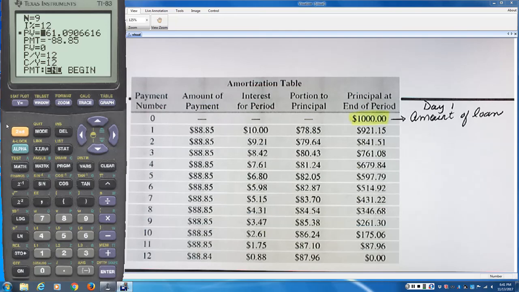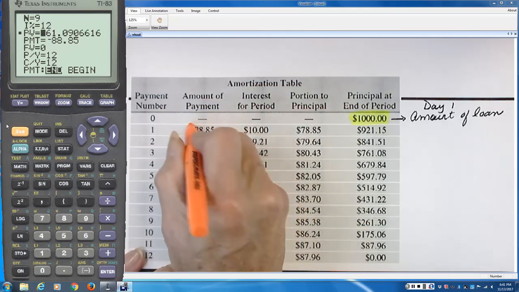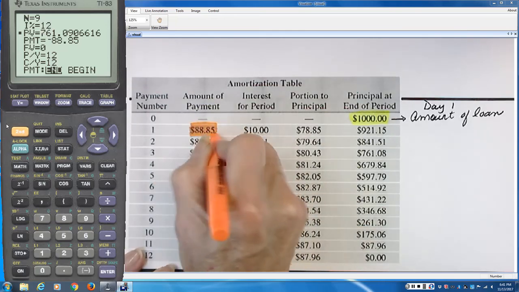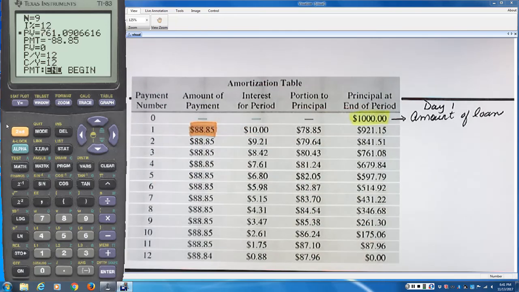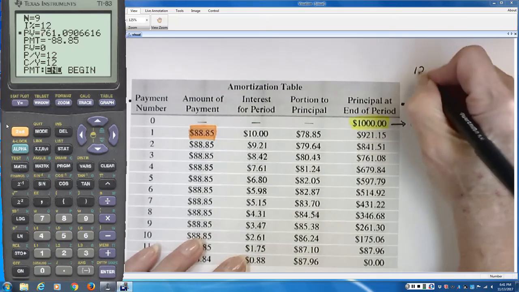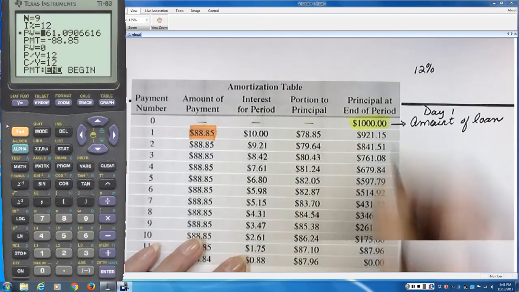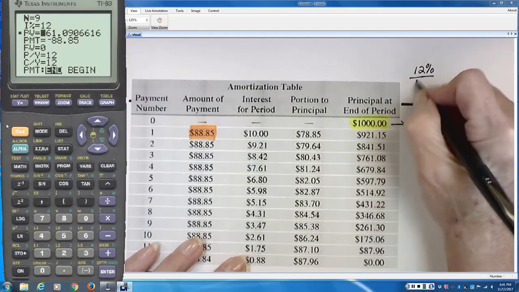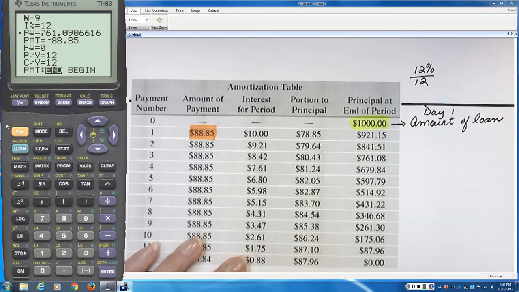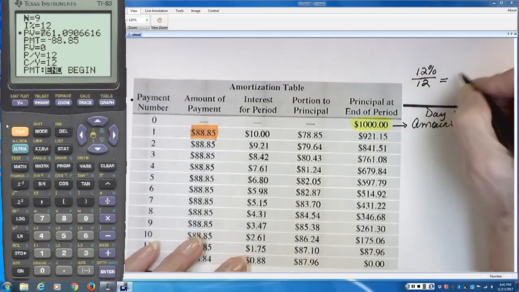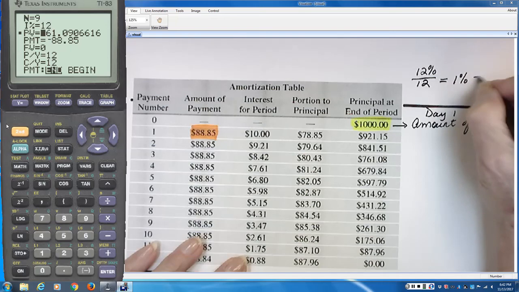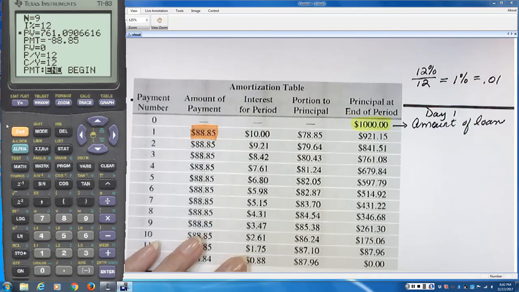So she makes a payment, $88.85. Now, because her interest rate is 12% annually, but she's being compounded once a month, her monthly interest rate is 1% or 0.01.